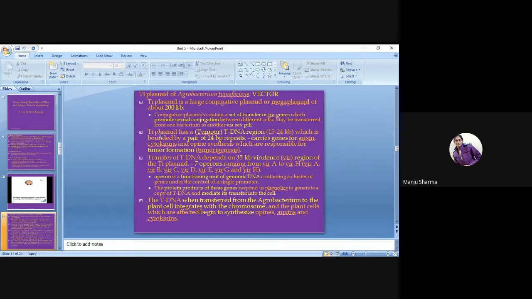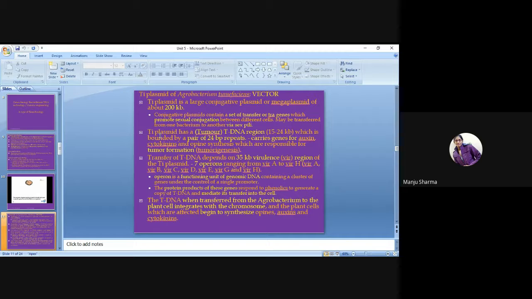The Ti plasmid has a tumor T-DNA region of 15 to 24 kb, which is bounded by a pair of 24 base pair repeats, and carries genes for auxin, cytokinin, and opine synthesis, which are responsible for tumor formation, that is tumorigenesis.